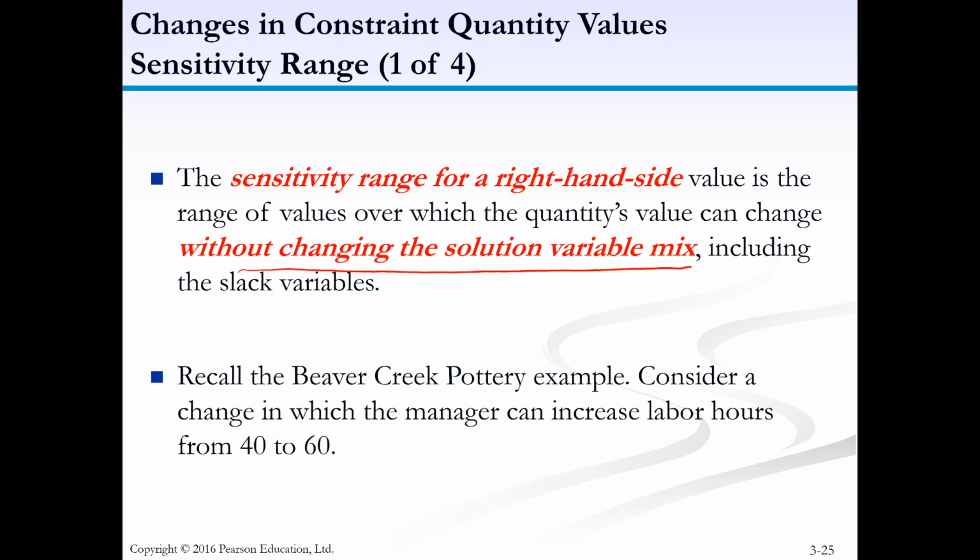So this is the idea. Related to this concept is what we call the shadow price. The shadow price remains valid within the range over which we can change the right hand side values.